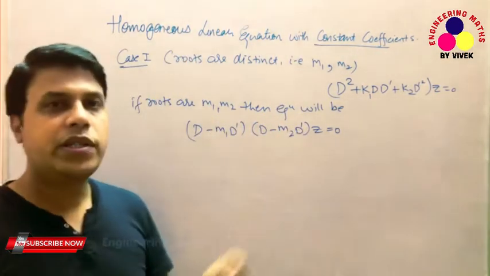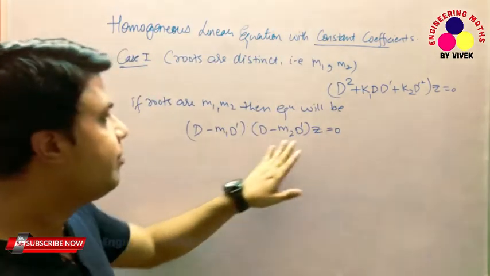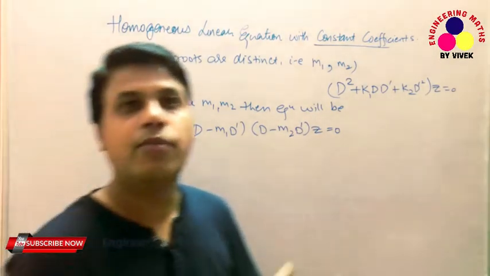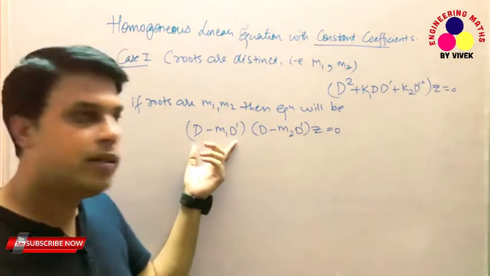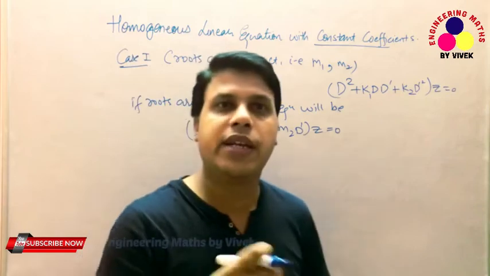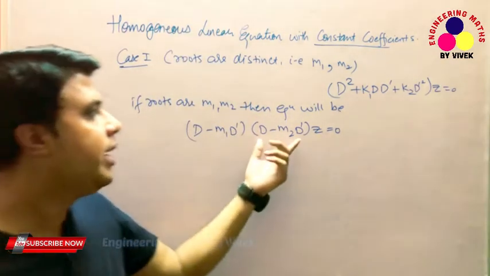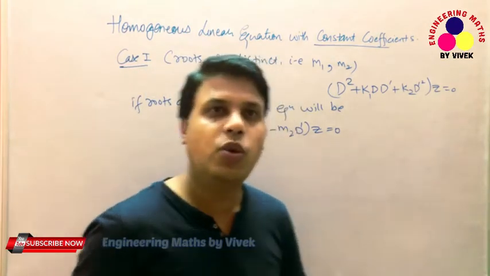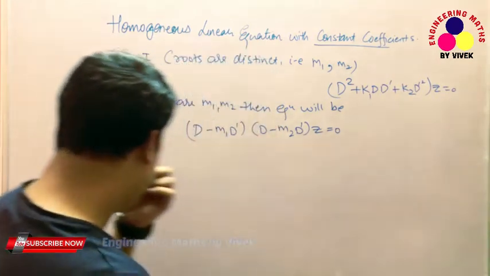So this equation can be satisfied in two ways: either this factor will be 0 or that factor will be 0, or both are 0. If we take this term as 0, definitely the product will be 0, because the product of any number with 0 gives 0. In the similar manner, if I take this equals to 0, then again the solution is satisfied. So one by one we are taking each term to get the solution.